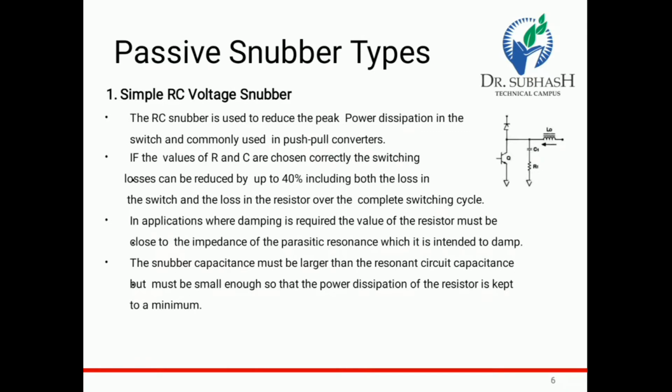If the values of R and C are chosen correctly, the switching loss can be reduced by up to 40%, including both the loss in the switch and the loss in the resistor over the complete switching cycle.